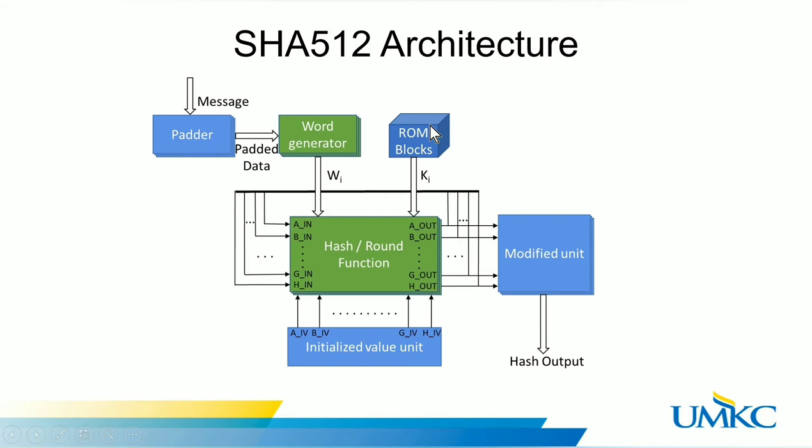We also have some ROM blocks which generate constants that will be used later. Here is the hash function, or the round function, that implements the actual message digest function. It takes as input these words and these constants, and it goes through a series of computations which will finally generate a hash code. The blue blocks here are sequential blocks, and the green blocks are computational blocks.